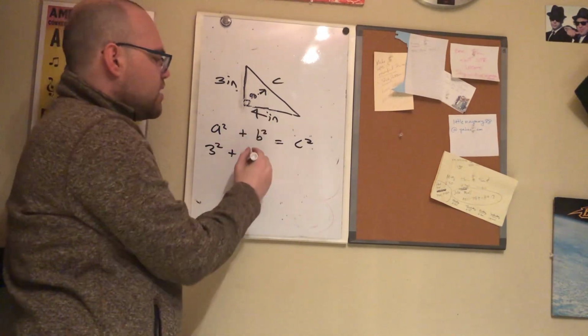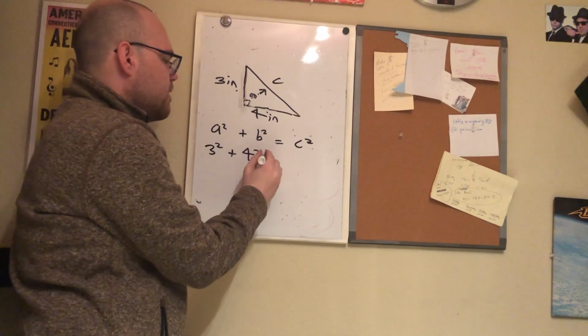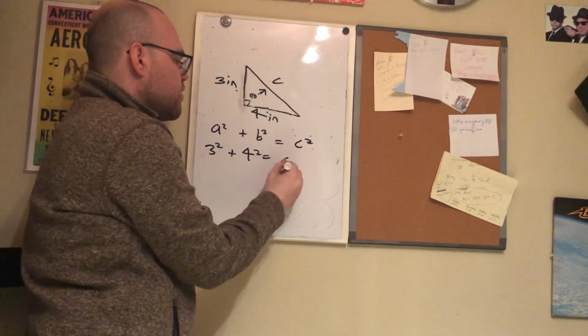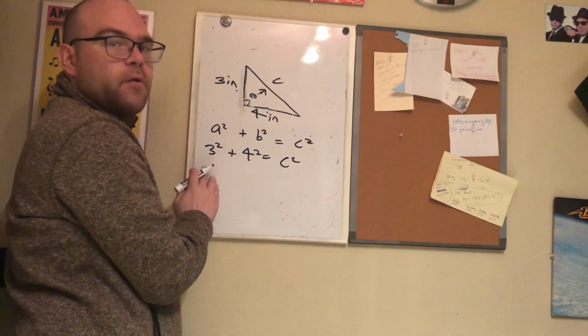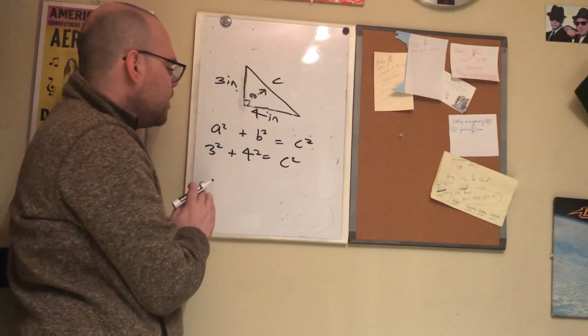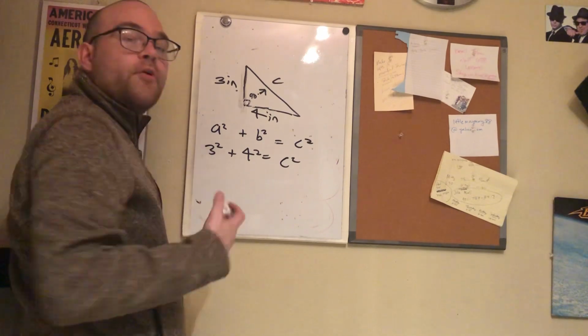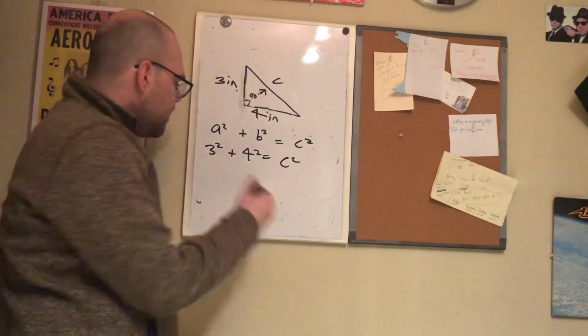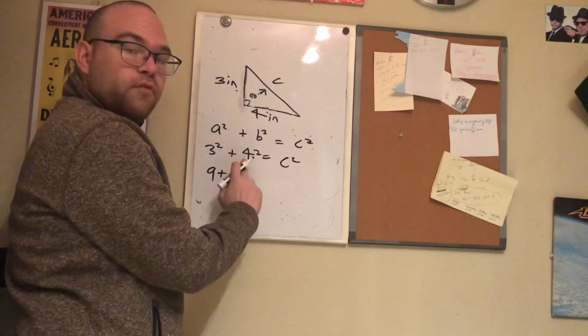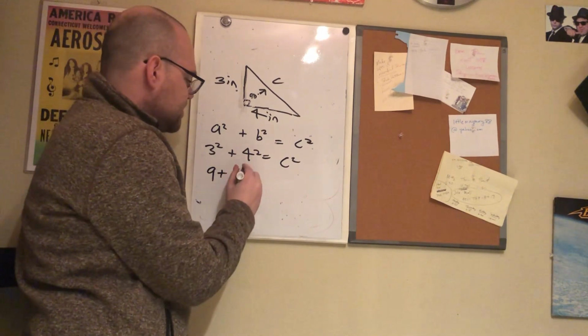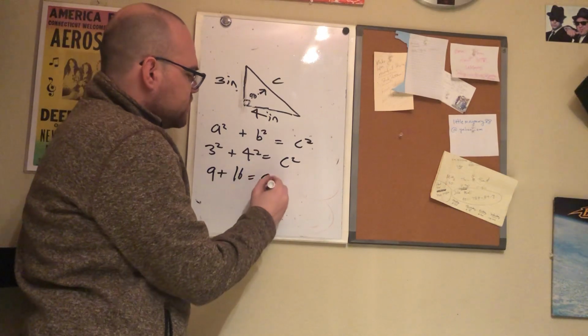B squared is going to be our 4 squared. And of course, we're still looking for that C squared, so we'll just rewrite that C squared variable. We know our powers. We know how to square a number. So 3 squared, in other words, 3 times 3 is 9. 4 times 4, or 4 squared, is 16, equals c squared.